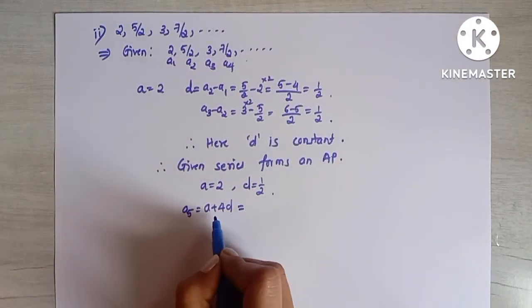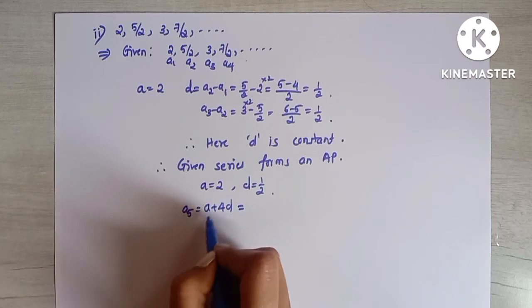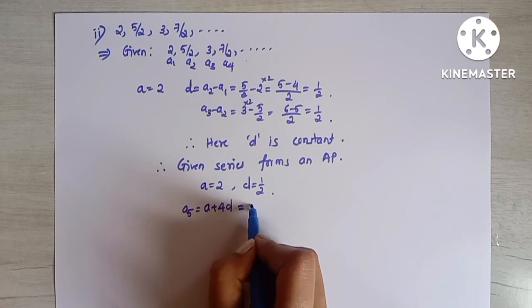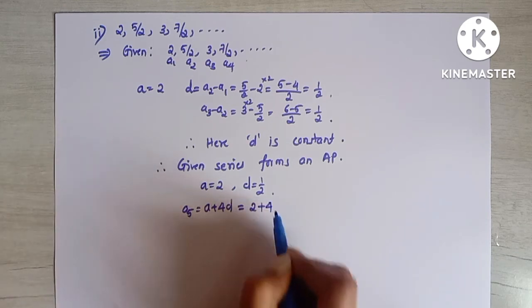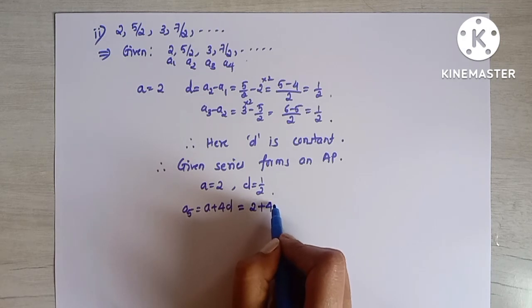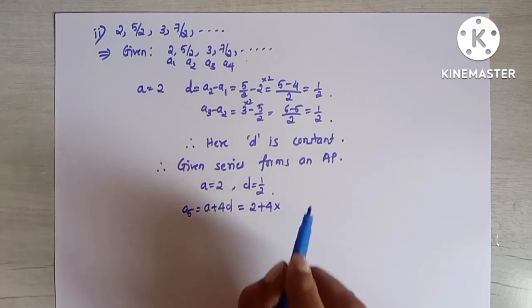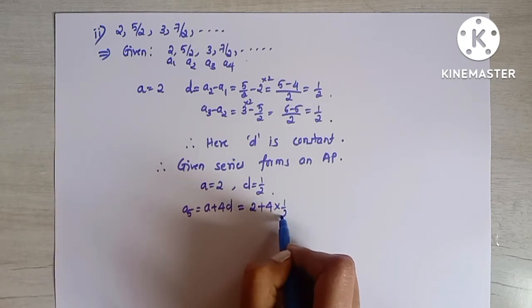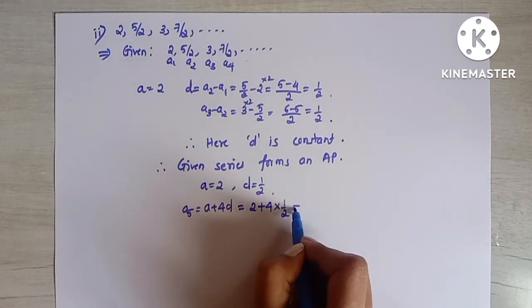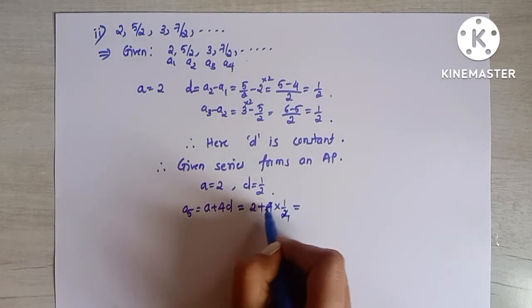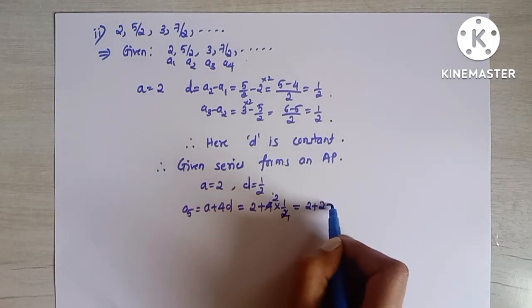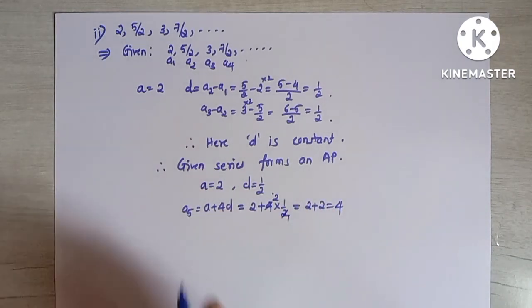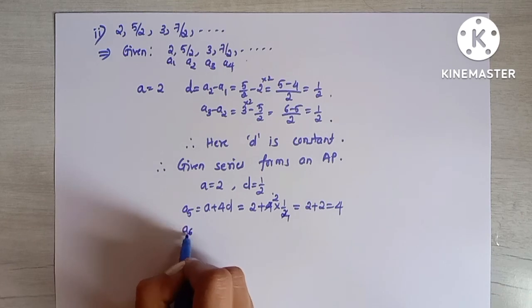What is A? A is 2. So we substitute 2 in place of A. That is 2 plus, sign as it is, next we have 4 as it is, next we have D, which is 1 by 2. So this 2 ones are 2, 2 twos get canceled. We are left with 2 plus 2, which is 4. Next, we have to calculate A6.